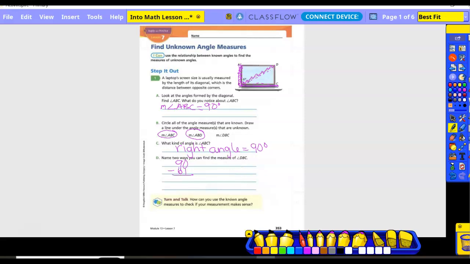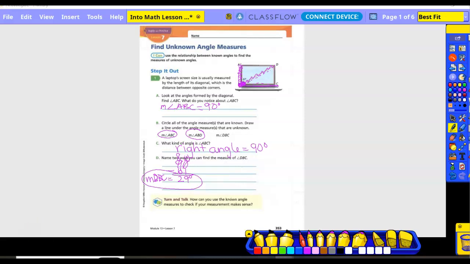So this becomes a 10 because you go next door and take 10 more. This becomes an 8. So 10 minus 1 is what? 9. 8 minus 6 is 2. So measure of angle DBC is 29 degrees.